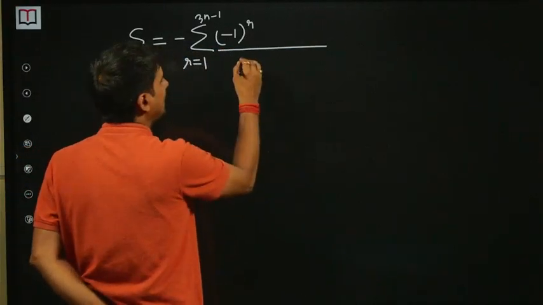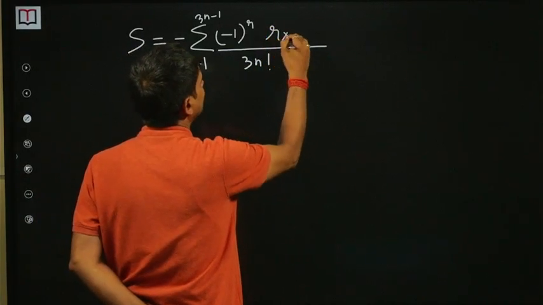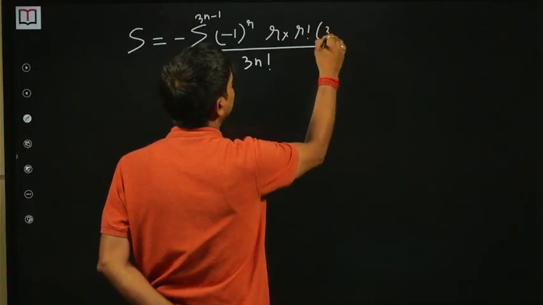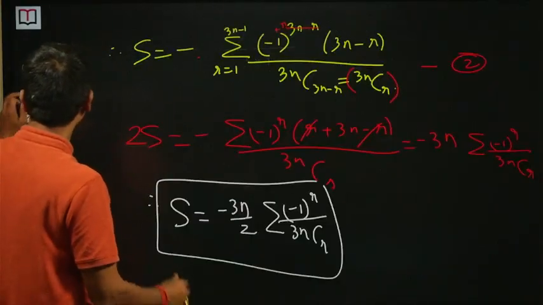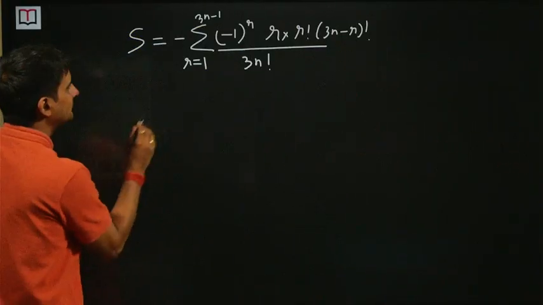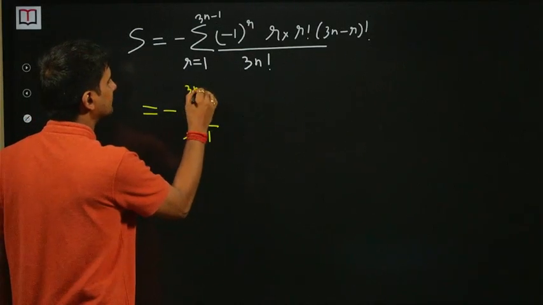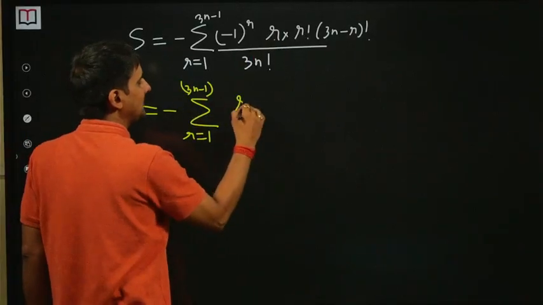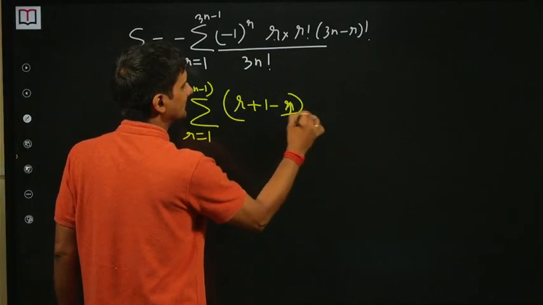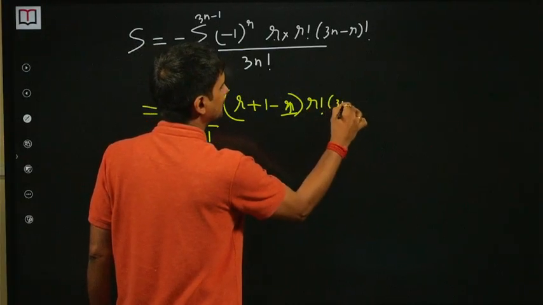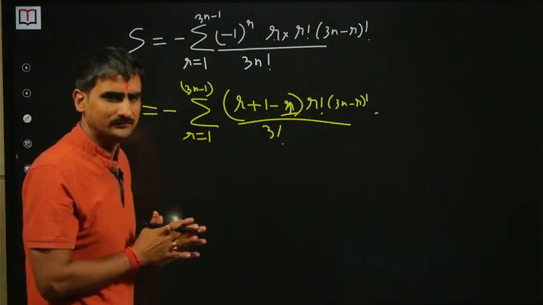Okay, so if I write 3n choose r as 3n factorial over r factorial into 3n minus r factorial, now I may go with trying this method where I will rewrite r as r plus 1 minus 1, into r factorial 3n minus r factorial upon 3n factorial, breaking it into two different forms.